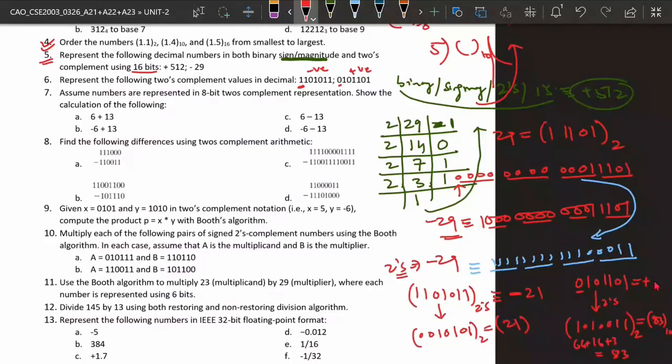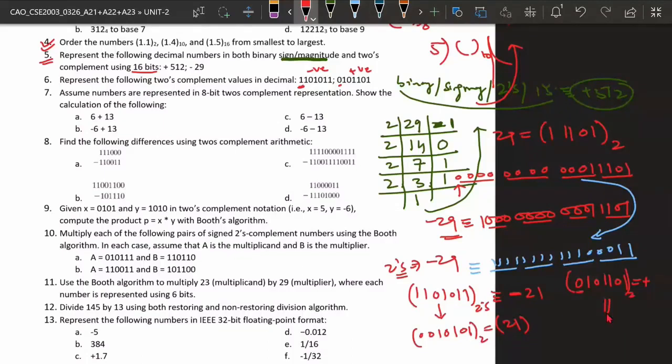So first of all, if any number is positive and it is represented in 2's complement, then whatever its exact binary representation is, we will be converting it directly into the decimal equivalent. We will not be taking the 2's complement, because in 2's complement or any other complement, all the positive numbers have the same representation as the binary number.